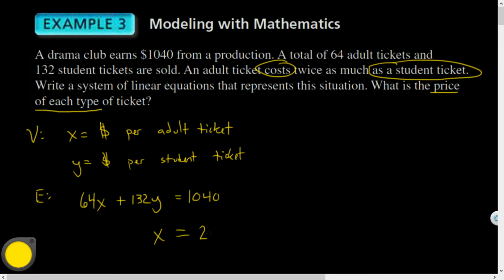Well, I've got the 2 that's going to be multiplied by it. But what am I multiplying 2 by? 132 was the number sold. y is the price per student ticket. All right, so x is equal to 2y. The price of an adult ticket is 2 times the price of a student ticket.